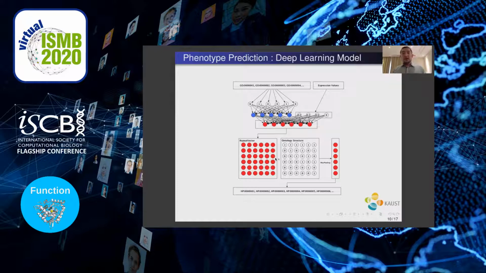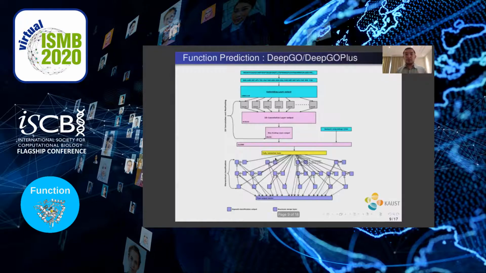This hierarchical classification layer was inspired by our previous model, DeepGo, which also used a set of classifiers that are structured in the same way as a gene ontology structure and encoded and predicted labels in a hierarchical space.